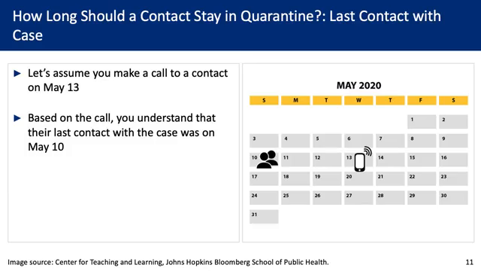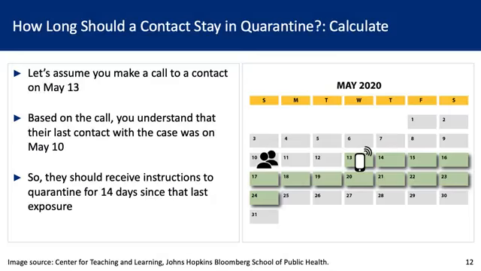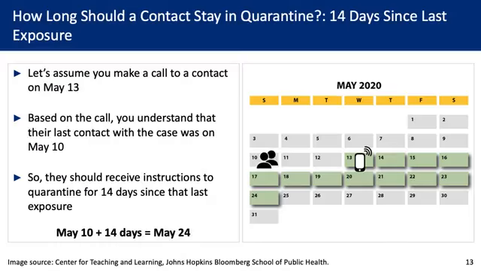If you'll recall, that's the second day of illness for the case. So they should receive instructions to quarantine for 14 days since their last exposure to the case. If their last exposure was on May 10th, you would add 14 days. And so that would mean that they should quarantine through May 24th.